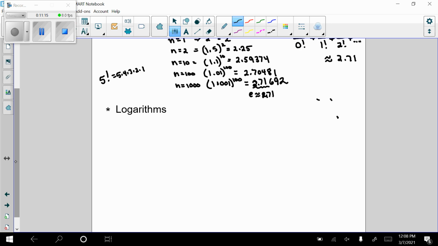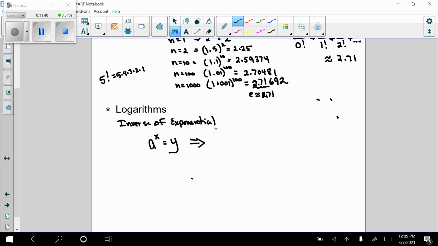Okay, so if we look at a logarithm, hopefully you remember that a logarithm is the inverse of an exponential. It's used to solve exponential equations. So if I start with an exponential and I write it a to the x equals y, to find the inverse, remember you switch your x and y, so a to the y equals x.